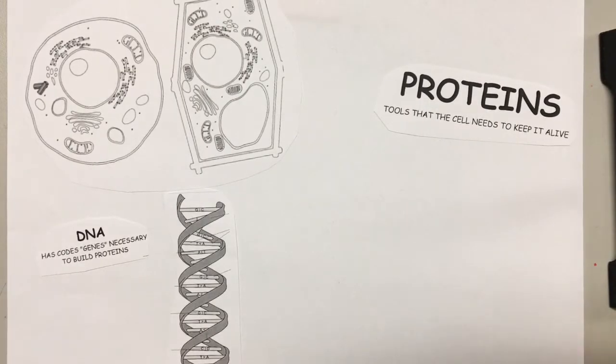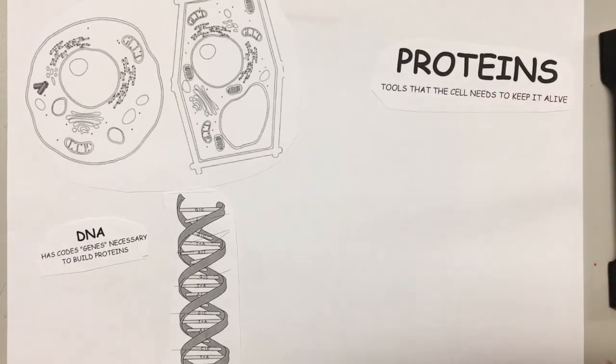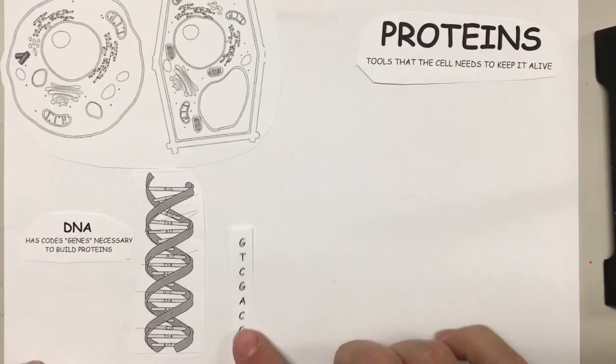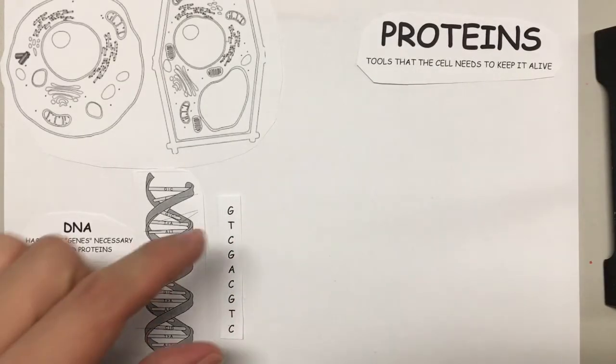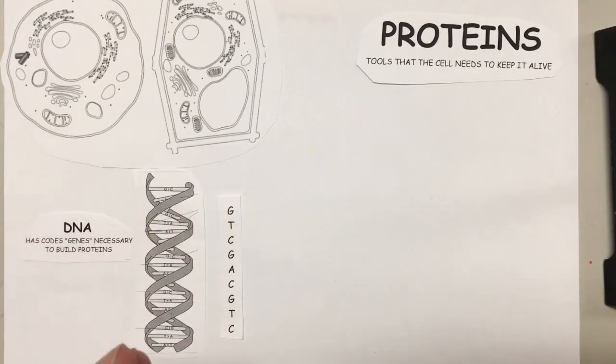Now, how does the cell make the protein? Well, we have to start with the DNA. Let's imagine that we have this gene, a code that has information to make a particular protein.